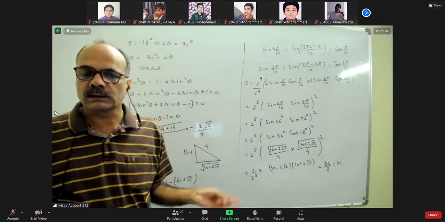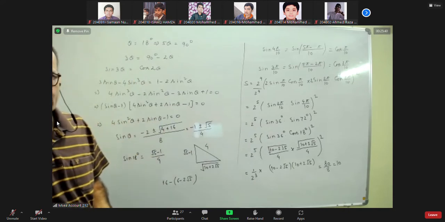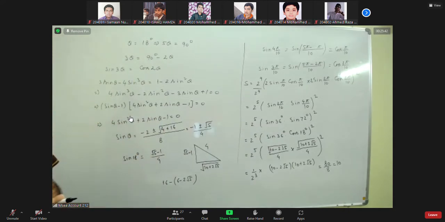2 sine 18 cos 18. By this way we can find it.